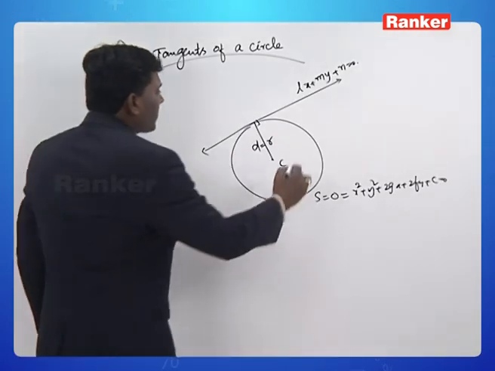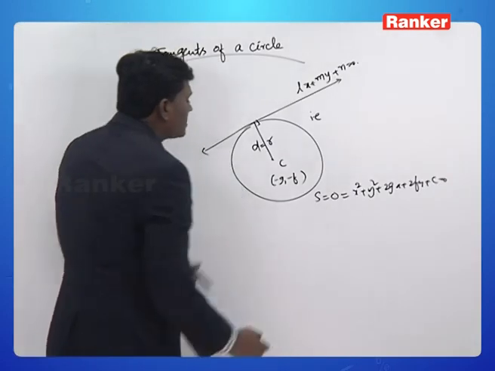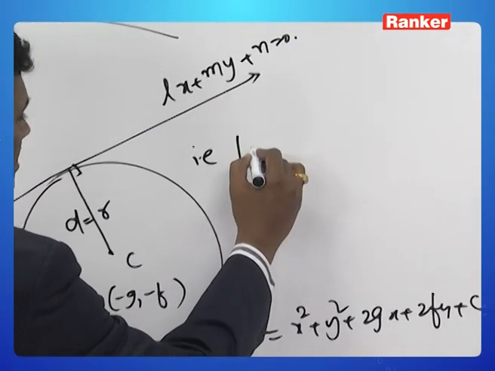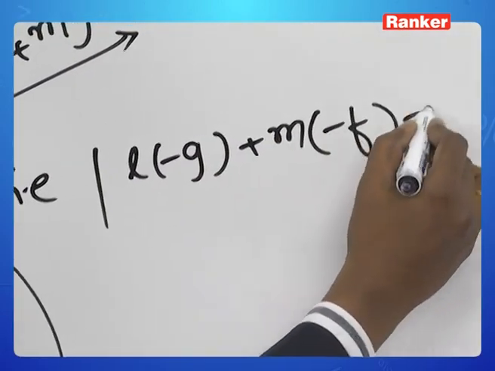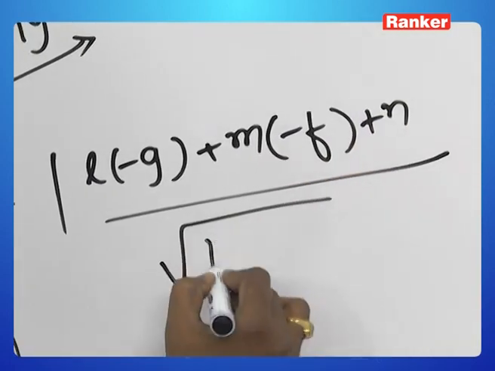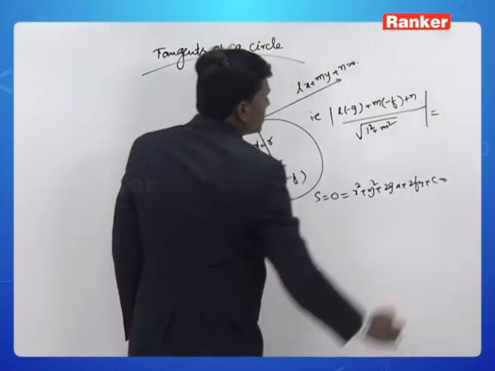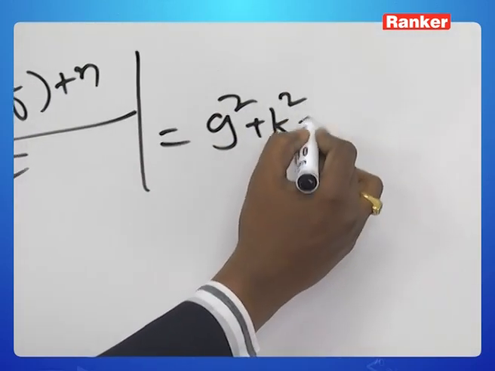That is, perpendicular distance from center minus g comma minus f to this line will be modulus of L into minus g plus m into minus f plus n by under root L square plus m square equals to radius of the circle, under root g square plus f square minus c.